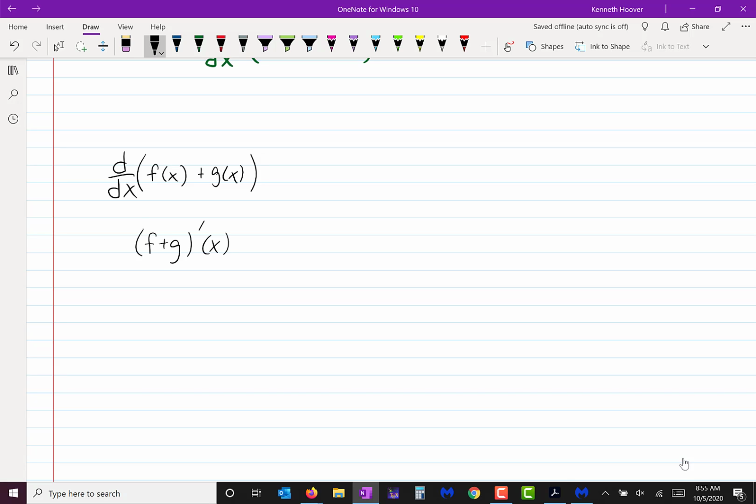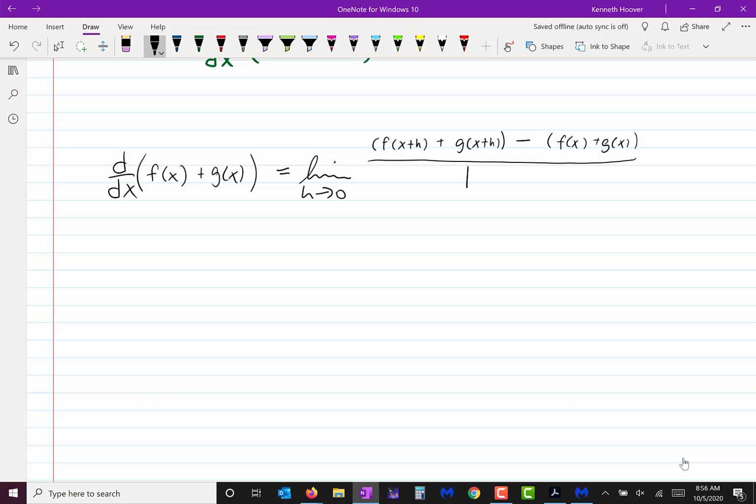It doesn't matter, they mean the same thing. The important thing is let's figure out what it actually is going to equal. I'm just going to write it equals the limit of f of x plus h plus g of x plus h minus f of x plus g of x, over h, as h goes to 0.